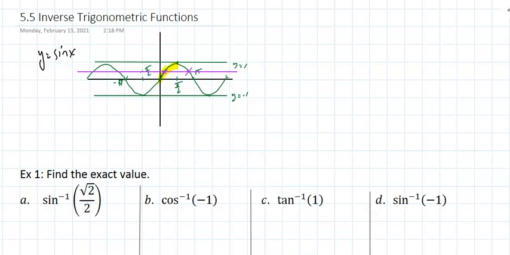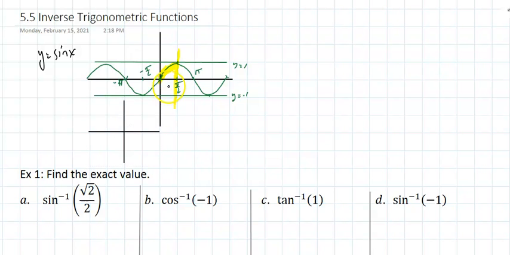For me to talk about an inverse, the function must be one-to-one, so I need to restrict the domain. So in this case, I noticed that I could move to the right all the way to pi over 2. If I exceed pi over 2, that would not be one-to-one.